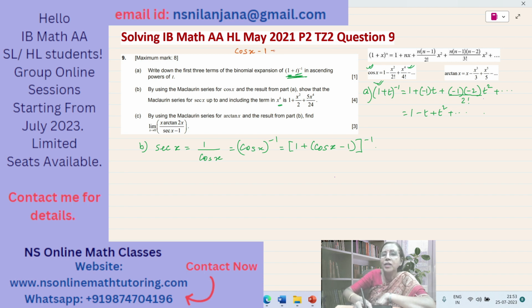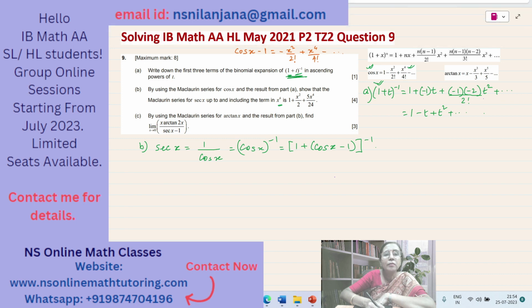So cos x minus 1 will be minus x squared over 2 factorial plus x to the power of 4 over 4 factorial and so on. Okay. So in place of cos x minus 1, we have to write this expression.